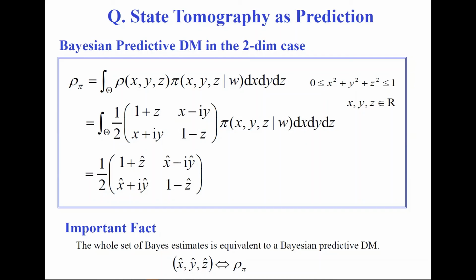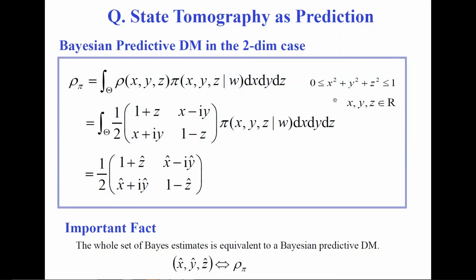In the two-dimensional case, using the Bloch representation, we can explicitly write the Bayesian predictive density matrix in this kind of form. Okay, x, y, and z, the Bloch vector: the summation of x squared, y squared, z squared is bounded by 1.